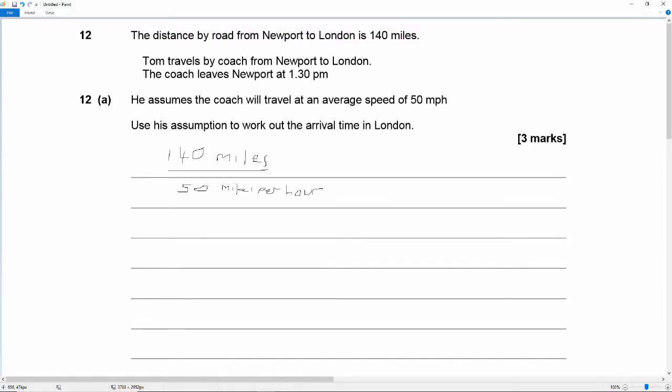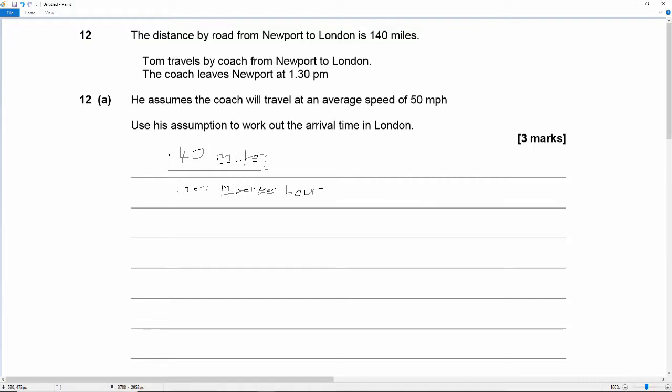Let's just check our units to make sure we're correct to divide. So the miles will cancel out. And then we've got something over per hour, so that per hour is on the denominator. And 1 over x is just x. So that hour will become the actual units that we're working with. So we did the right thing by dividing.